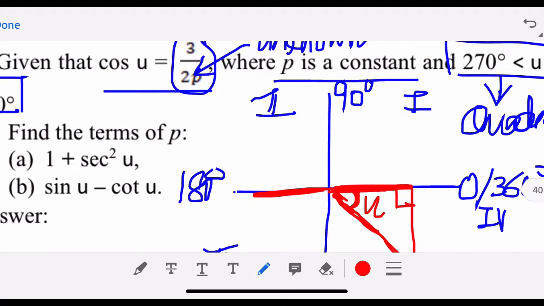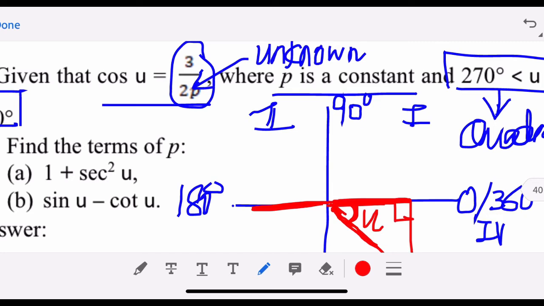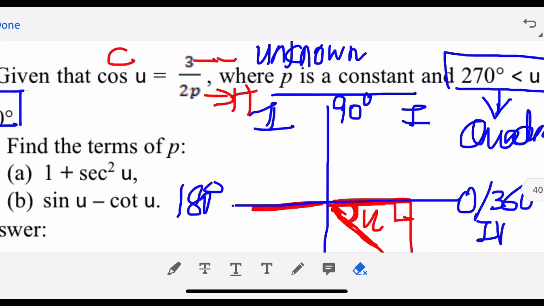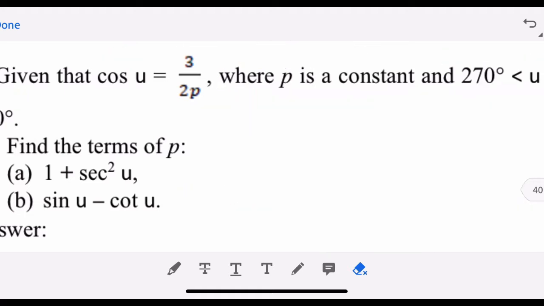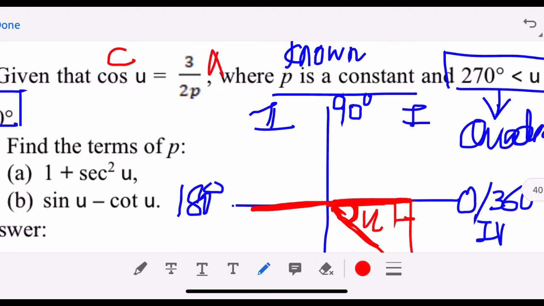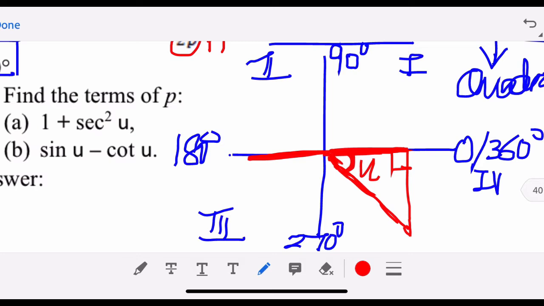When they give you trigo, meaning they give you the sides, this is CAH. So you need to label your adjacent as 3 and the hypotenuse as 2p. So let's start with the labeling.